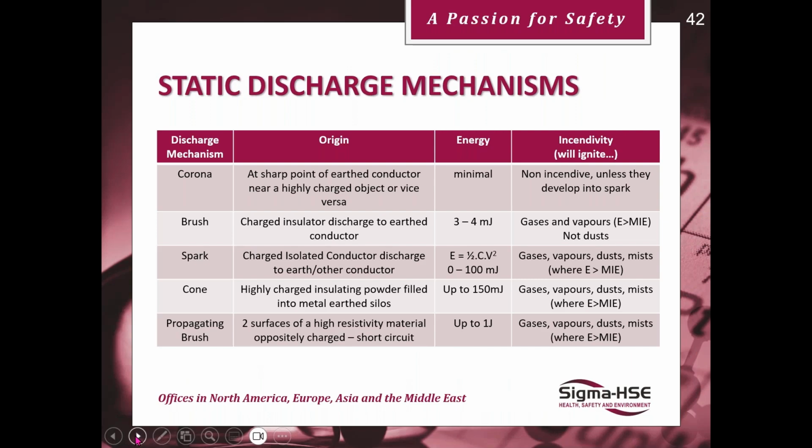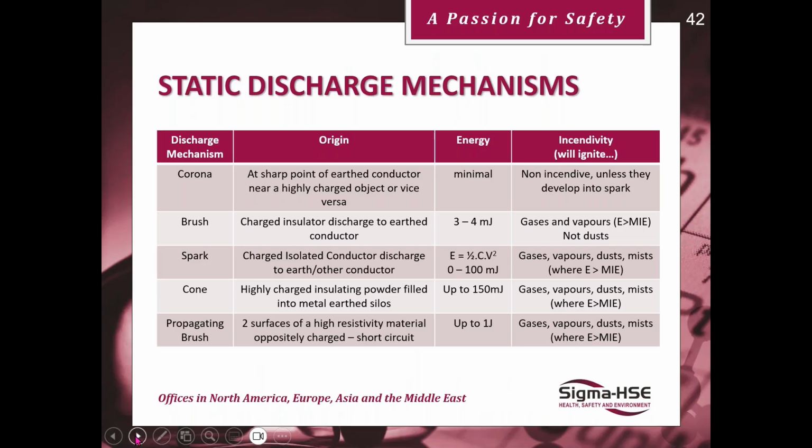I fought for this one for probably 20 years to get people to realize it doesn't matter what the MIE of the dust is, whether it's 1, 2, 5 or 10, you cannot ignite it with a brush discharge. Finally, I got my way, and this has now been included in the standards.